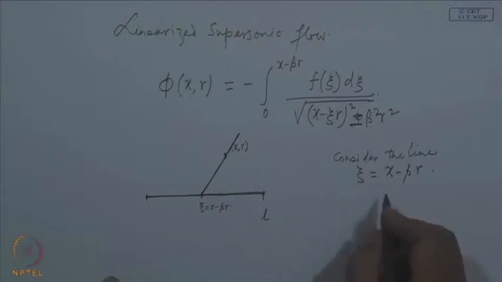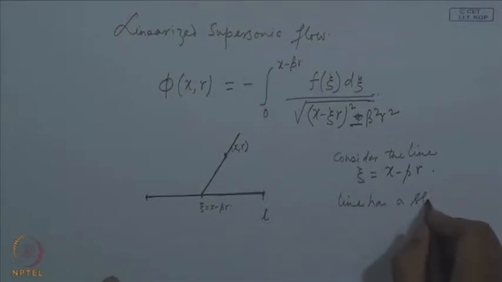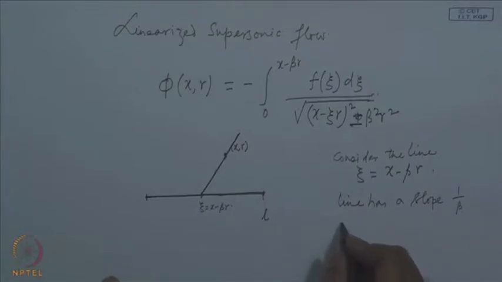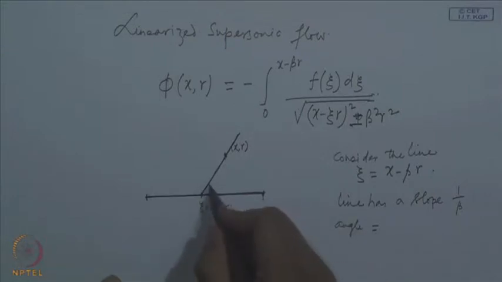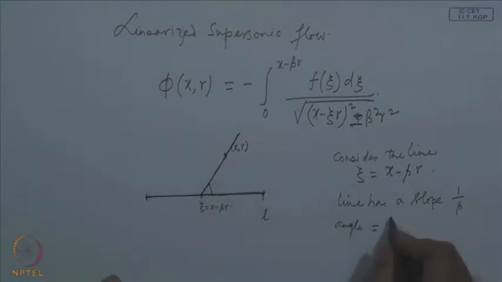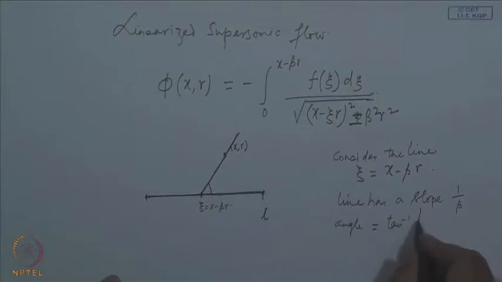Now this line has a slope, and this angle is tan inverse 1 by square root of M squared minus 1.